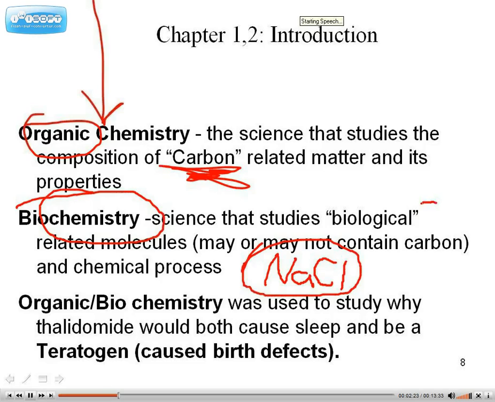Here's an example which I think is pretty cool. Sugar. Sugar is found in life. It powers life, so to speak.